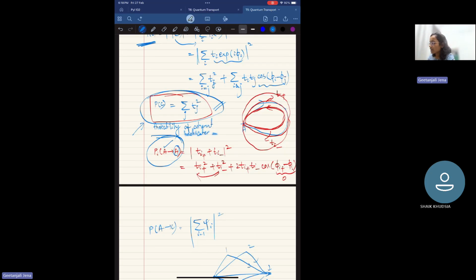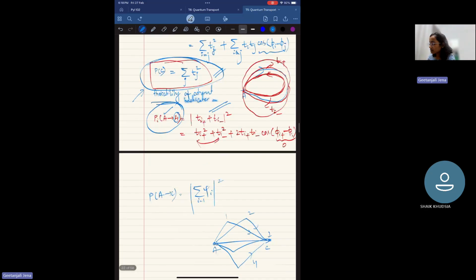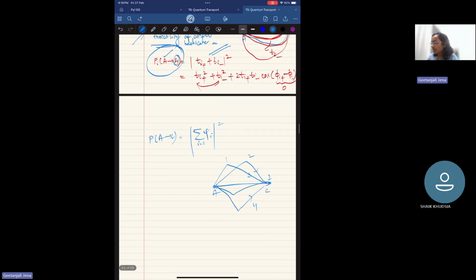We calculated this by taking the time-reversed path, and we say that the phases are the same in the time-reversed path because there is no magnetic field. If there is no magnetic field, there won't be any phase difference. So the geometrical phase differences are more or less the same. That is why we have taken 0 here.